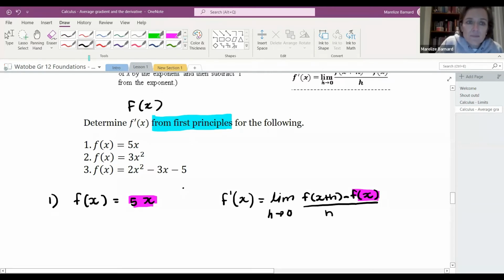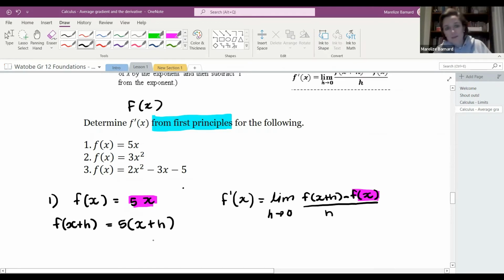Now, f of x plus h just means replace x in our function with an x plus h. Where we see an x in our function, we replace it with x plus h, and then you multiply out: 5x plus 5h.